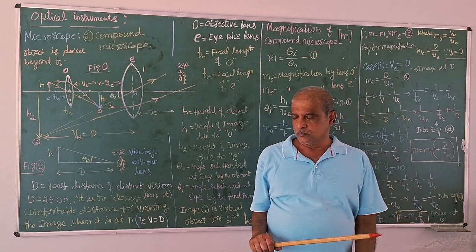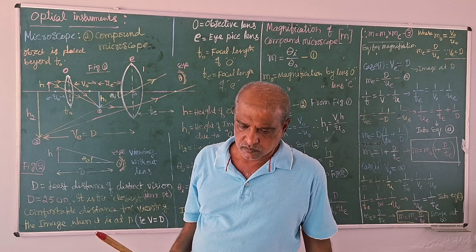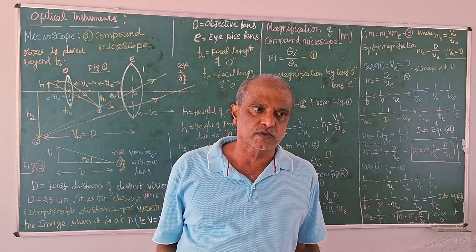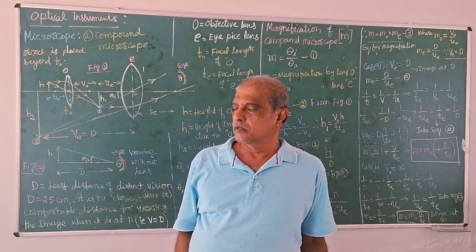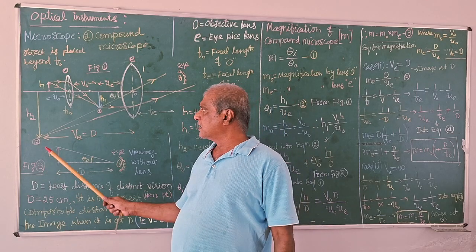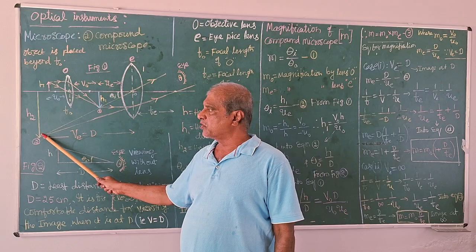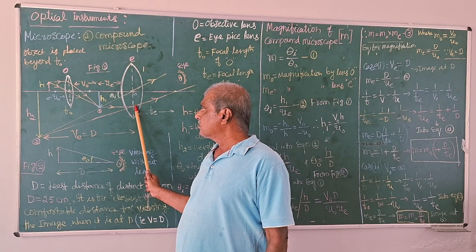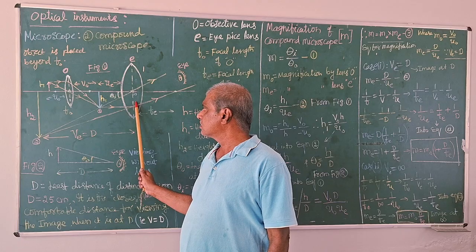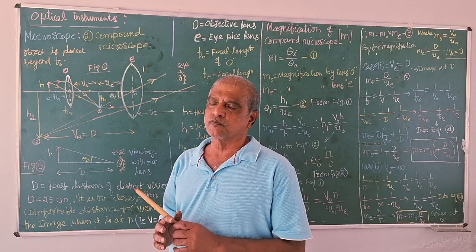The expression is written separately like this. If this is the equation, let us verify this equation for two different values. What would be the possible distance of image from this lens for a comfortable view?